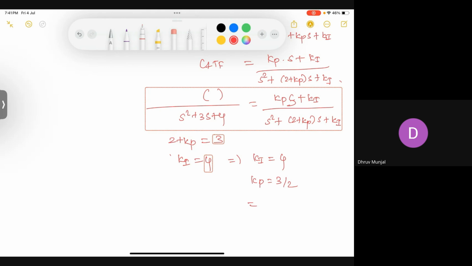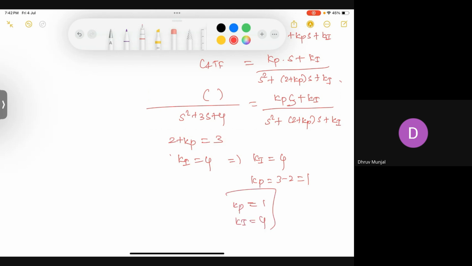So this is your overall controller gain. So that is what the question is. So Kp would be 3 minus 2, equal to 1. Alright. Kp will be 1 and your Ki will be 4. Right? Good.